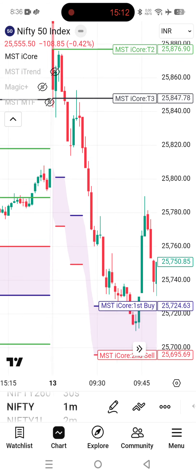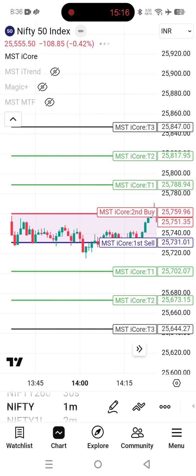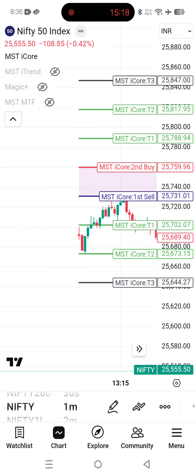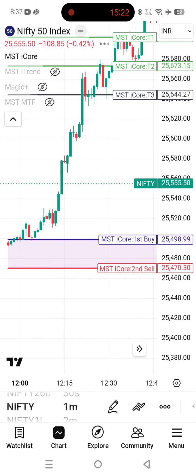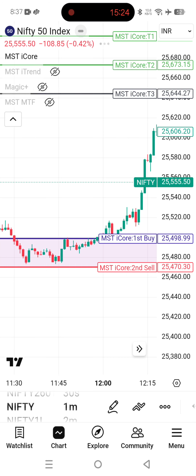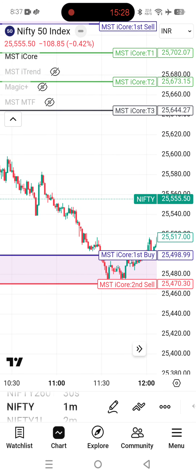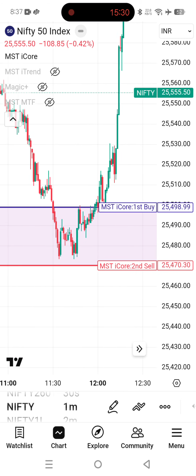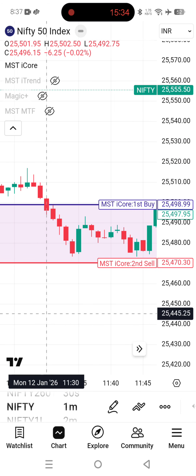And the previous day, first buy only got activated. When it is activated, this entry at 11:30 is not valid.